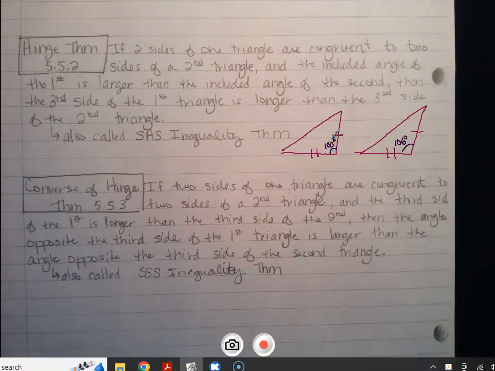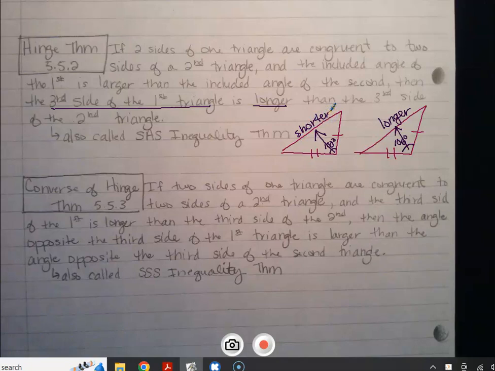Then the third side of the first triangle is longer than the third side of the second triangle. So this angle is larger than this angle. Are you with me? The angle is always related to the opposite side length. So that means this side is longer, and the opposite of this angle is going to be shorter.